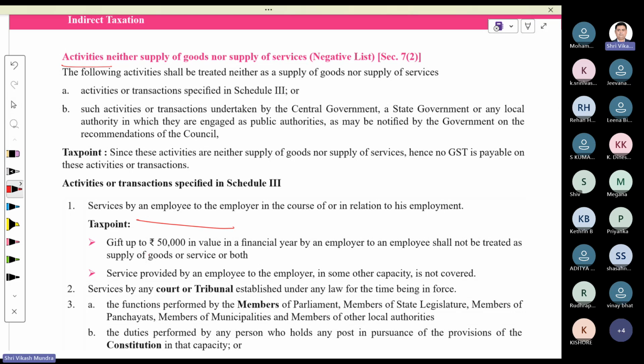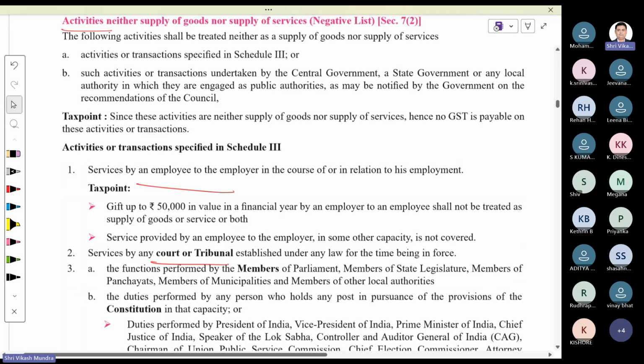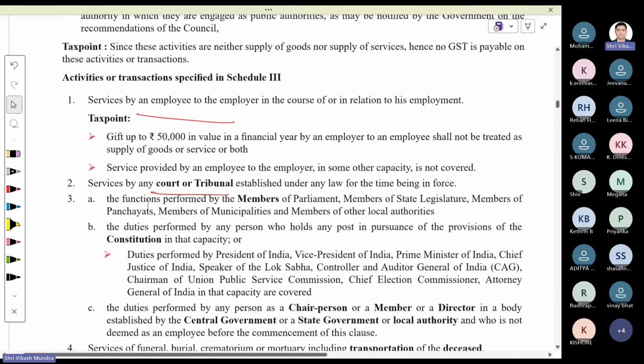Services provided by a court or tribunal are considered neither a supply of goods nor a supply of services. No GST. Members of Parliament, members of state legislatures, members of Panchayat, the President of India, Vice President, Comptroller and Auditor General of India, whatever services they are providing, are considered neither a supply of goods nor a supply of services.